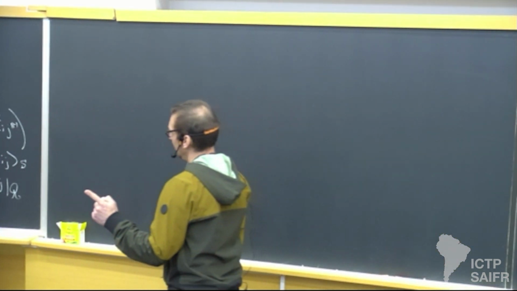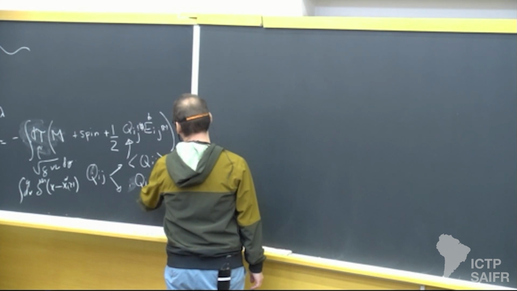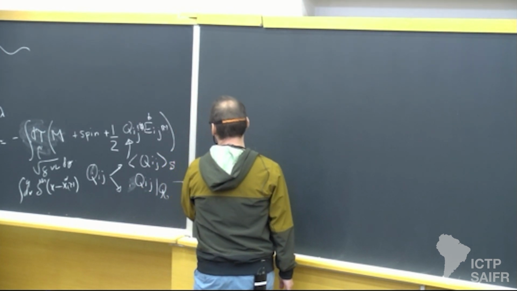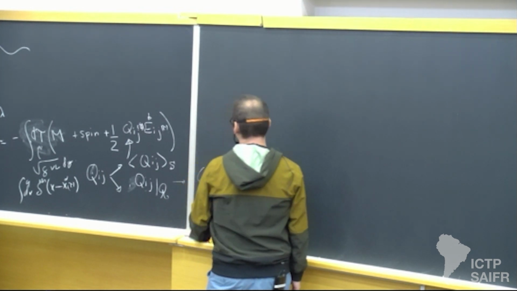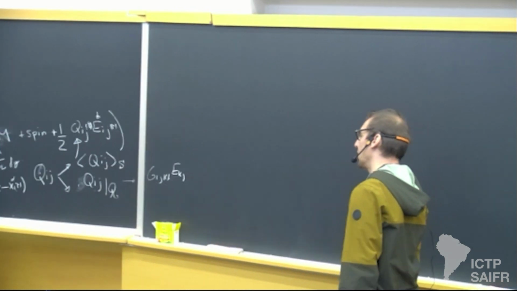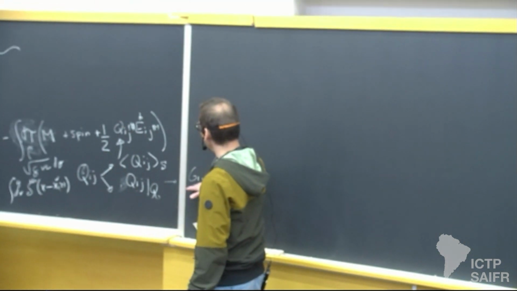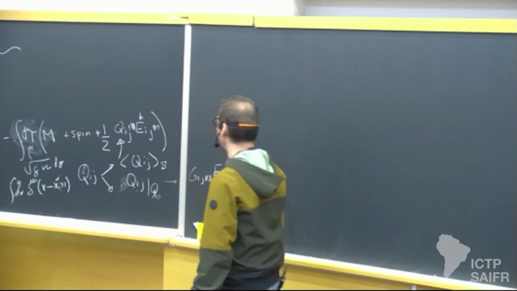And one thing I said last time is that this response, in principle, is a whole Green's function, because it's not obvious that necessarily you have to be diagonal. You can parameterize the properties of this Green's function based on the symmetries, because it's an expectation value of the Qs.